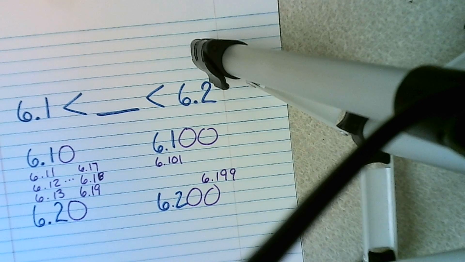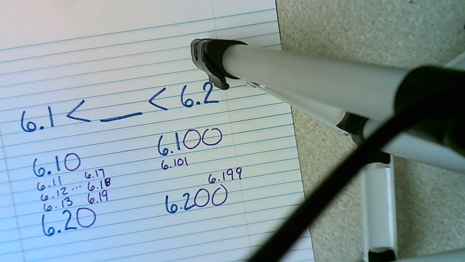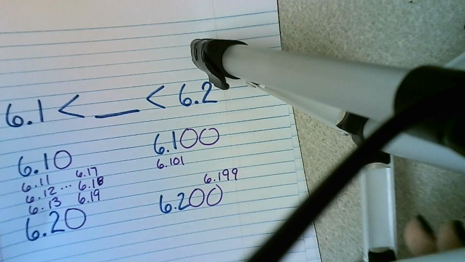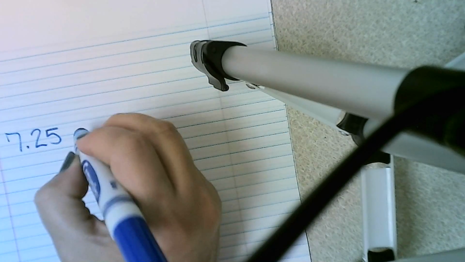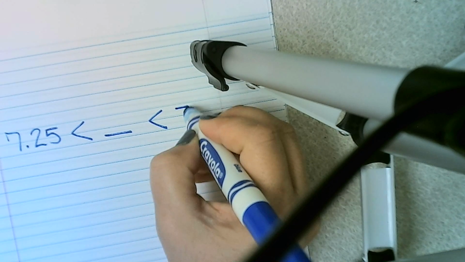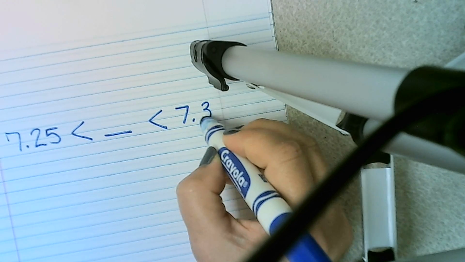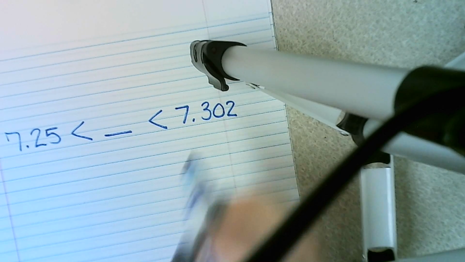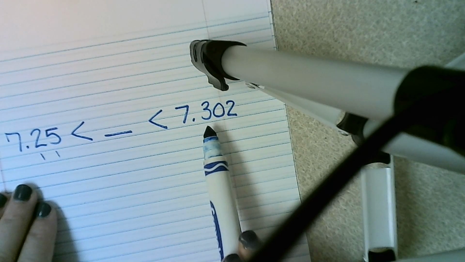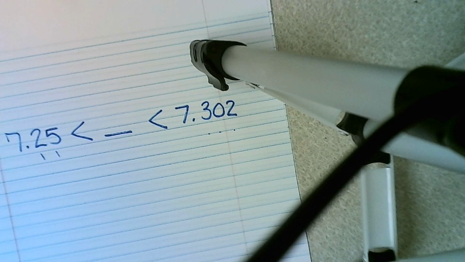Now, when you are given choices like A, B, and C, then you need to look at your options. So I'm going to give you another one. Okay, now at this time, this one has 1, 2 places after the decimal, and this one has 1, 2, 3.